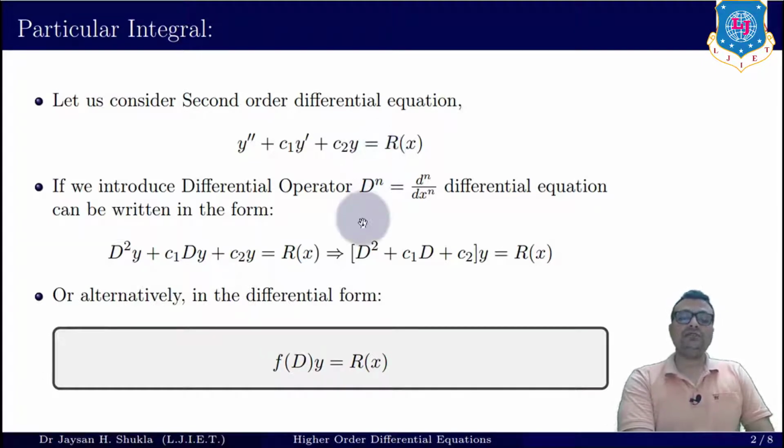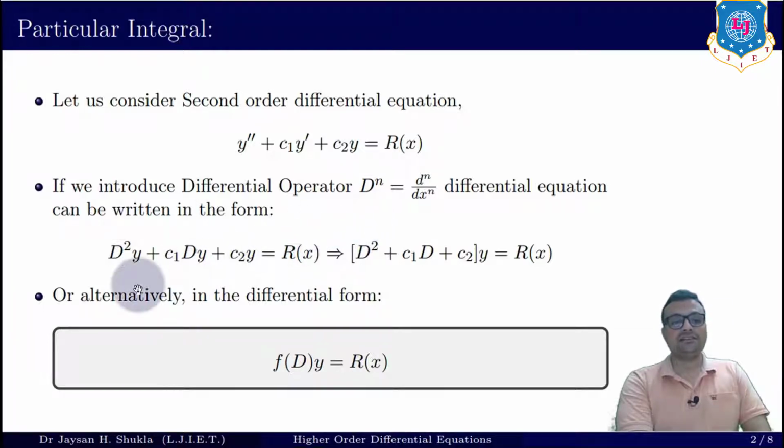Now, if we define the operator d by dx as capital D, then the nth order derivative d raised to n upon dx raised to n is capital D raised to n. Defining this operator gives us D square y plus c1 times Dy plus c2 y equal to R(x).